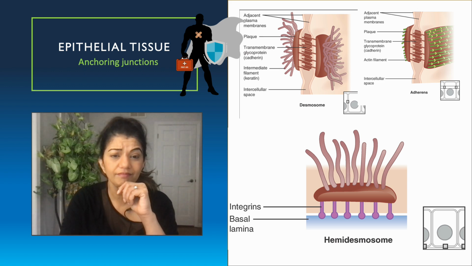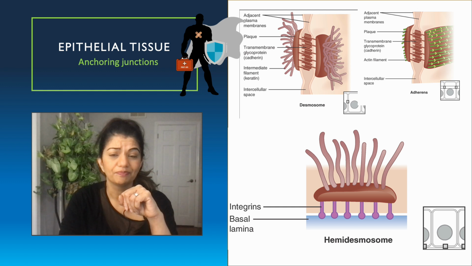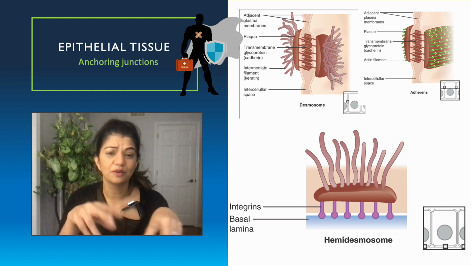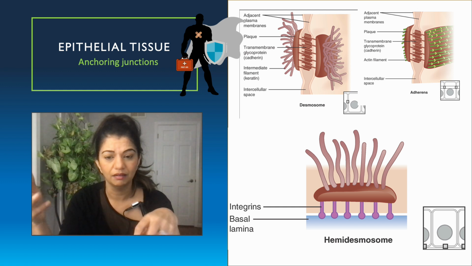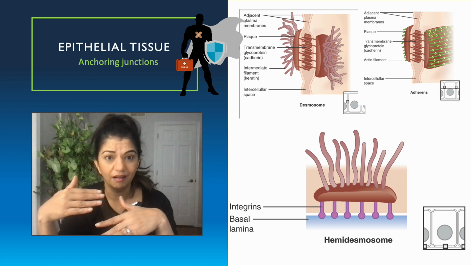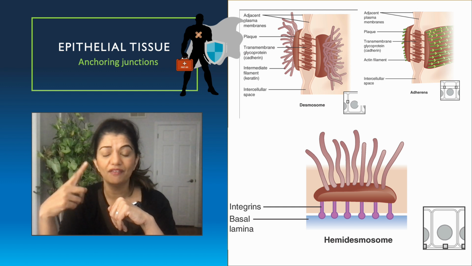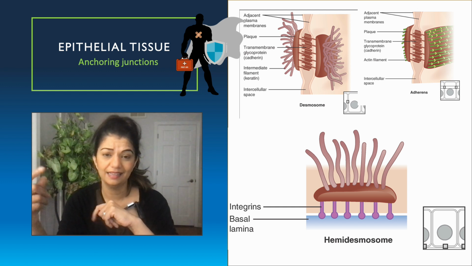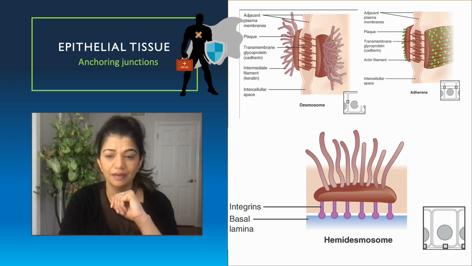Now they're obviously very similar to the desmosomes, but one distinct difference, obviously you can see the difference being that it looks like half of a desmosome, but the other difference is that instead of cadherins, it has a different protein called integrins. So that's something you definitely want to remember.